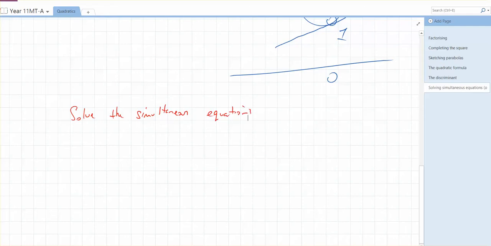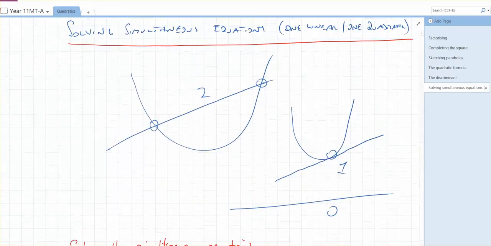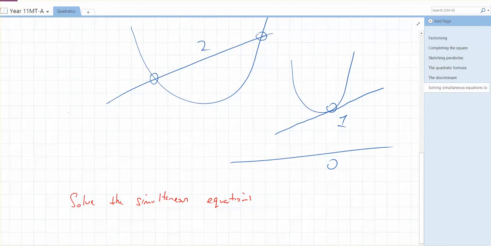Solve the simultaneous equations, or perhaps we could just make a note up here with these diagrams that a quadratic, maybe I should write that as a parabola, and a line can intersect at 0, 1 or 2 points.